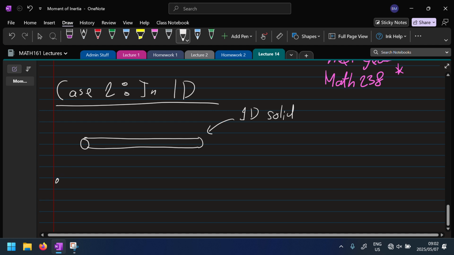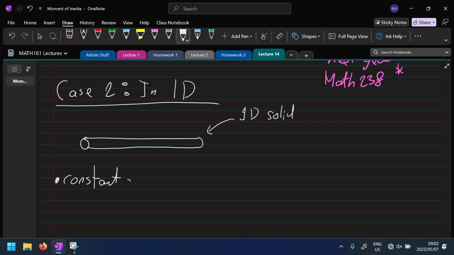Number 1, let's say we have a constant density. Or you might hear this as uniform density. It all means the same thing: constant density, uniform density, homogeneous density. You'll hear all of those words. So here, let's say this has a mass m and a length L. In 3D, you look at mass and volume.